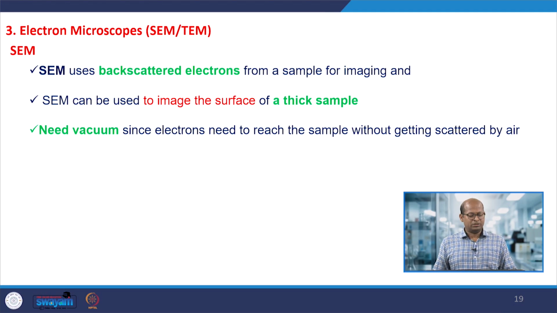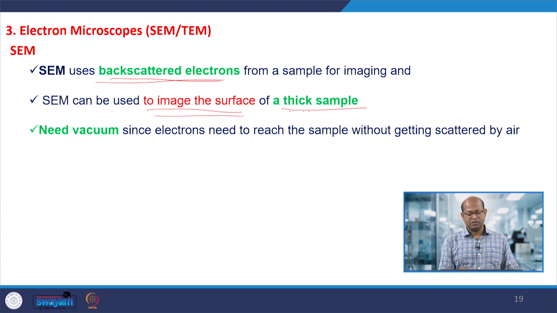In the SEM, we use backscattered electrons; the electron gun beam passes through different lenses and then falls on the object or specimen. Then we can get an image of that particular sample of nanomaterial that is present at the bottom. To get an image of the surface of the specimen, a thick sample is okay, no problem.